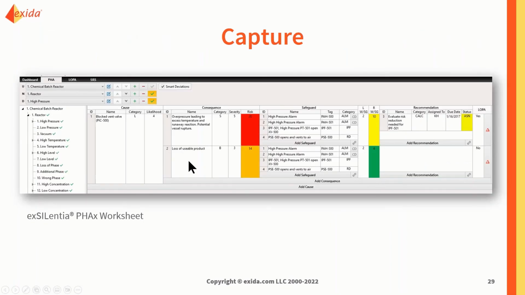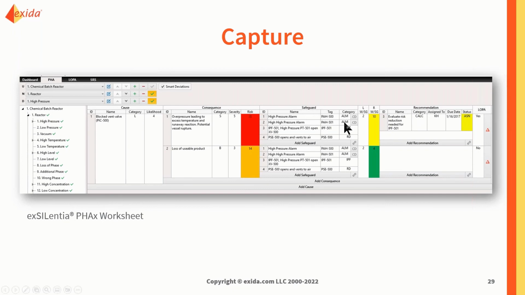Our software is also very famous for its easy-to-use interface, especially when it comes to all these different cells. These different cells have associations. They're not just one particular cell in Excel. They are actually associated with one particular data point. Like a safeguard here, a high pressure alarm.